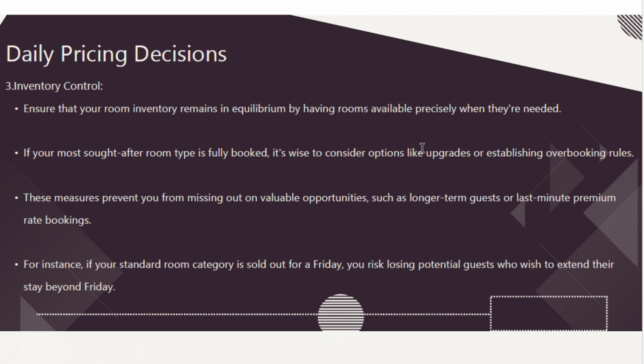So again, the same thing. If your standard room category is sold out for Friday, you risk losing potential guests who wish to extend their stay beyond Friday. This is an example, basically. If you think that you might have a longer average length of stay from a particular segment, you might want to overbook a room for just one night, if for that particular night the room is not available.